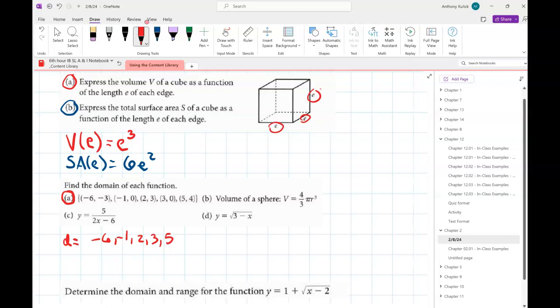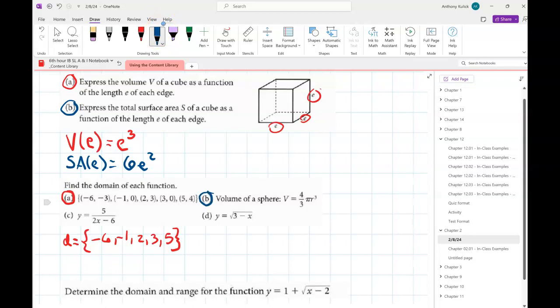Okay. One thing we should be clear, when you list a domain, no repeats are allowed. Even if the x coordinate is used more than once, you only write it the one time. Item number 2, this is a set, so it must have a set bracket around it. If you don't include the set bracket, I will mark it wrong. Everybody's okay with that? A domain is a set. It must have the set bracket around it.